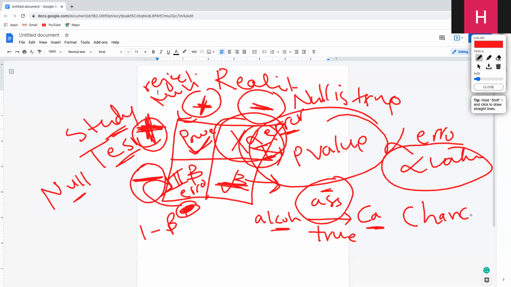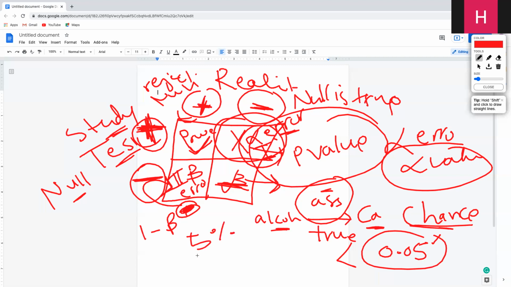It was due to chance alone. It was not a true association. You can accept that up to 0.05, actually less than this limit. So up to less than 5%, you can accept that the association that you had in your study was not a true association.